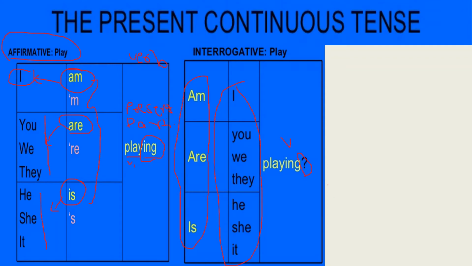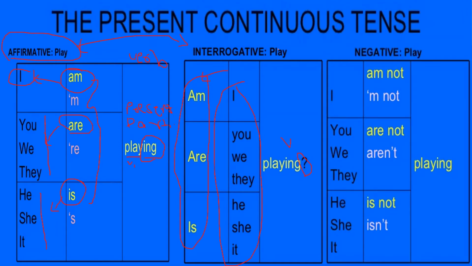Nothing else than that. If we see the difference between the affirmative and interrogative sentence, it is clear that we use the subject first in the affirmative sentence and the subject second in the interrogative. So the first thing in the interrogative sentence is the auxiliary verb. I hope you understood both the structures.